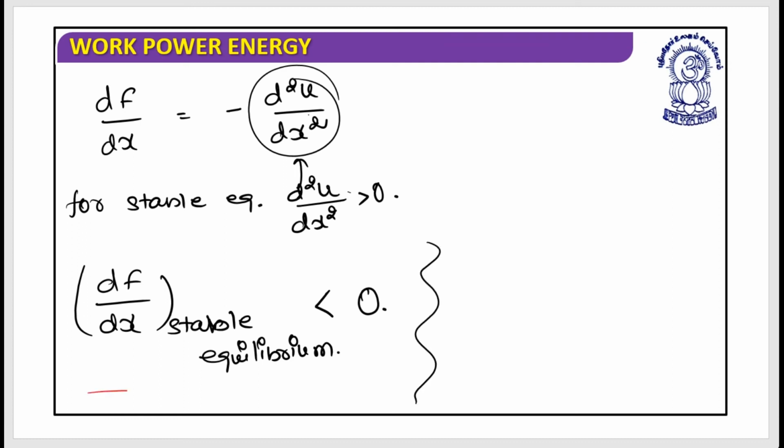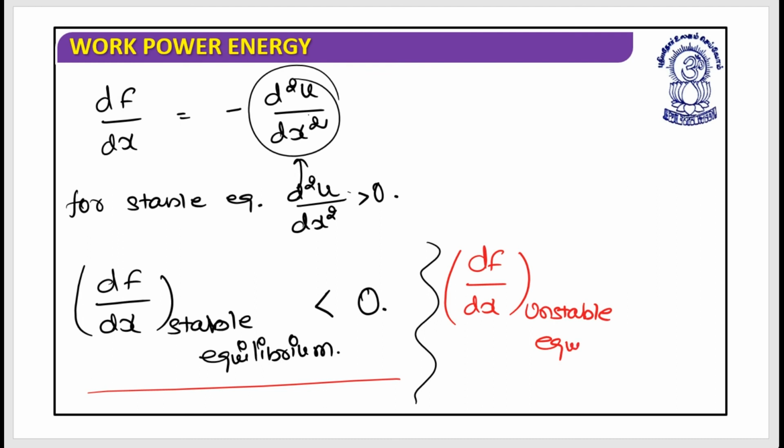One of the conditions is this: df by dx for stable equilibrium is less than 0, while df by dx for unstable equilibrium is greater than 0. Is it clear?